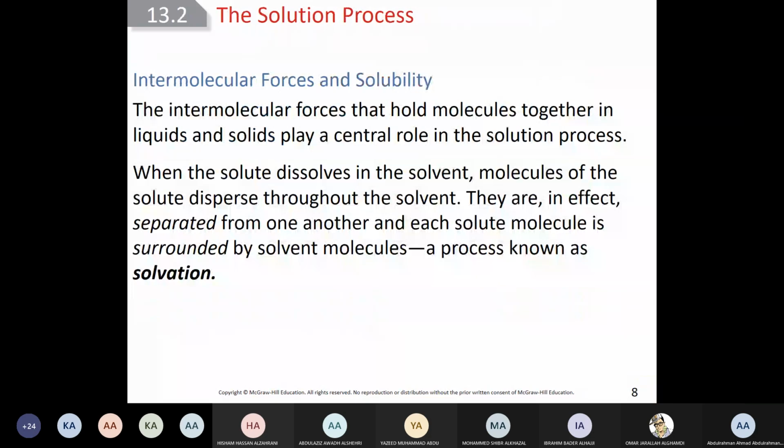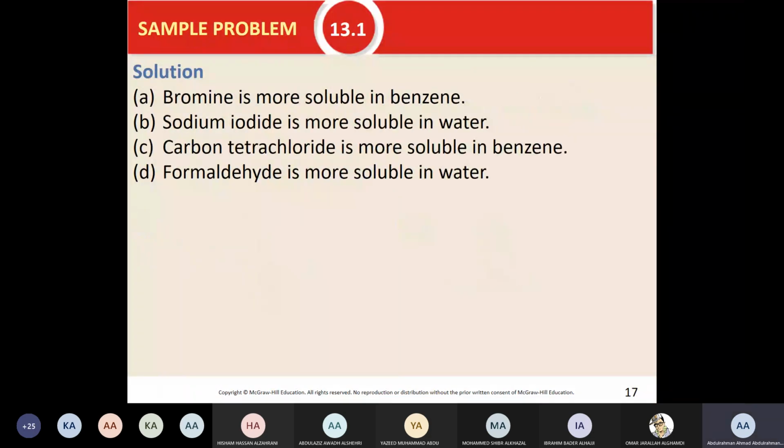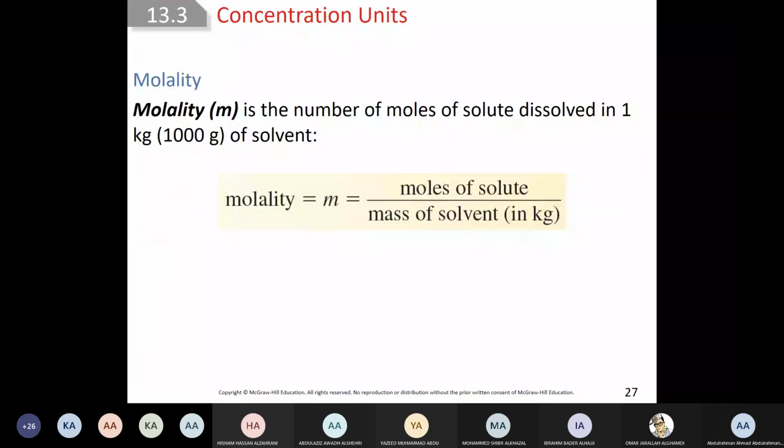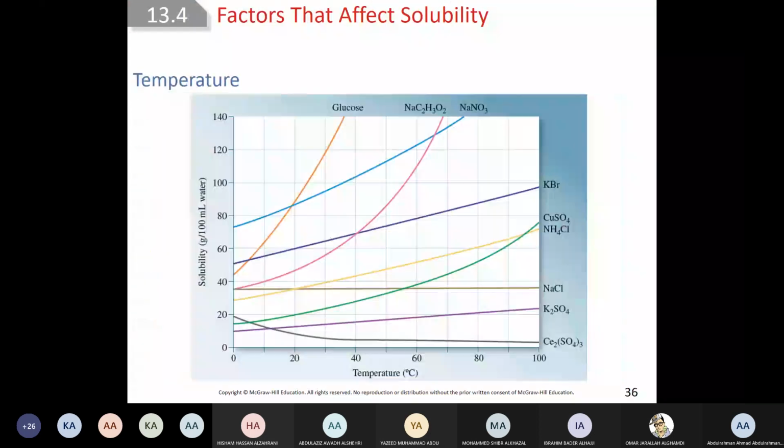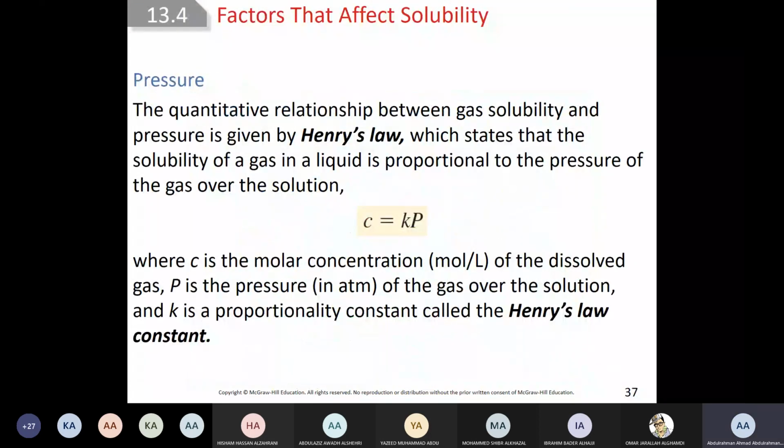The last thing I talked about is this law. What's this law called? Henry's law. What does Henry's law talk about? Solubility. Dissolving what?